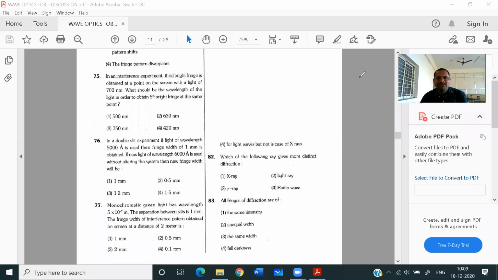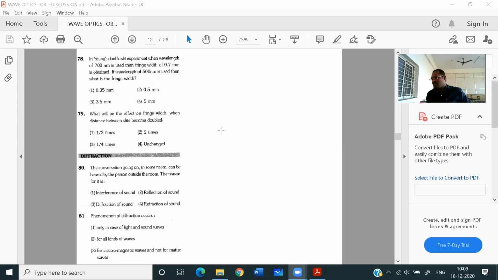Next, question number 78. What have they given? In Young's double slit experiment, when a wavelength of 700 nanometer is used, a fringe width of 0.7 millimeter is obtained.